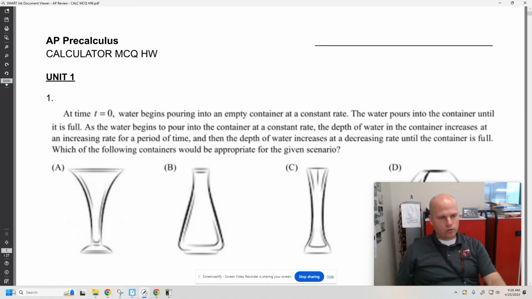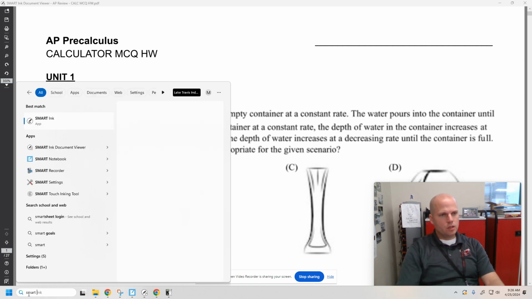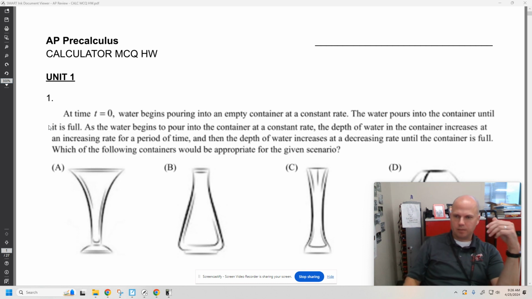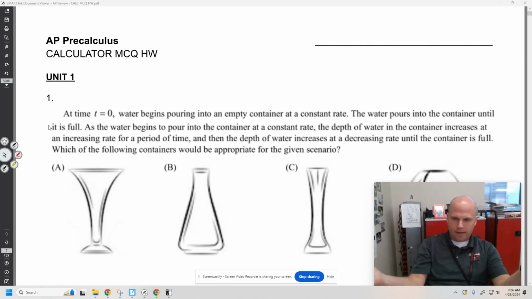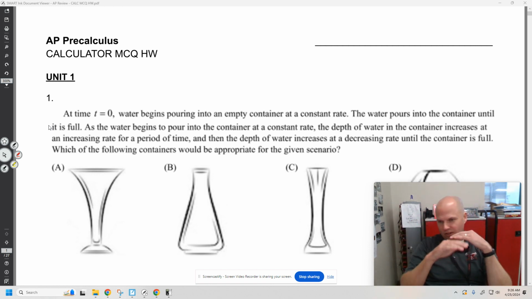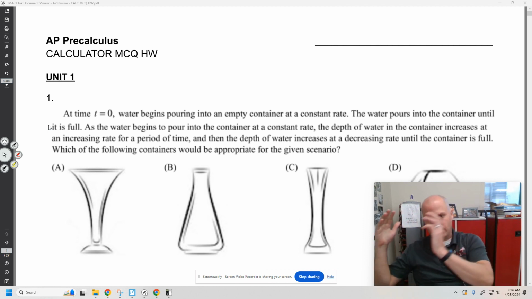One thing you're going to notice right off the bat, the calculator part of the multiple choice test, you won't be using your calculator on all the problems. You will have problems where the calculator won't help you at all, and then the problems that you have to do with your calculator.